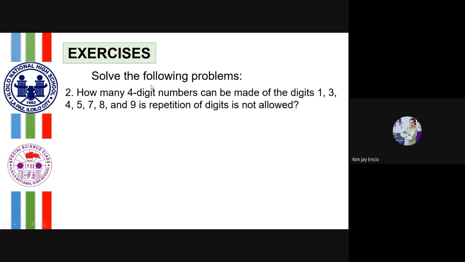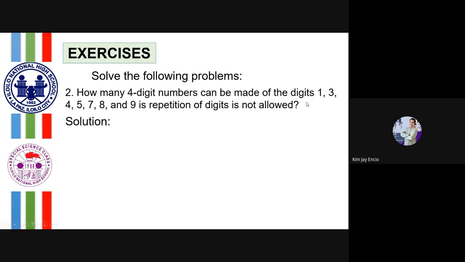For the second one, how many 4-digit numbers can be made of the digits 1, 3, 4, 5, 7, 8, and 9 if repetition of digits is not allowed? It's good here that all the digits given are non-zero, which makes it easier, because if they're zero, then it's more difficult.